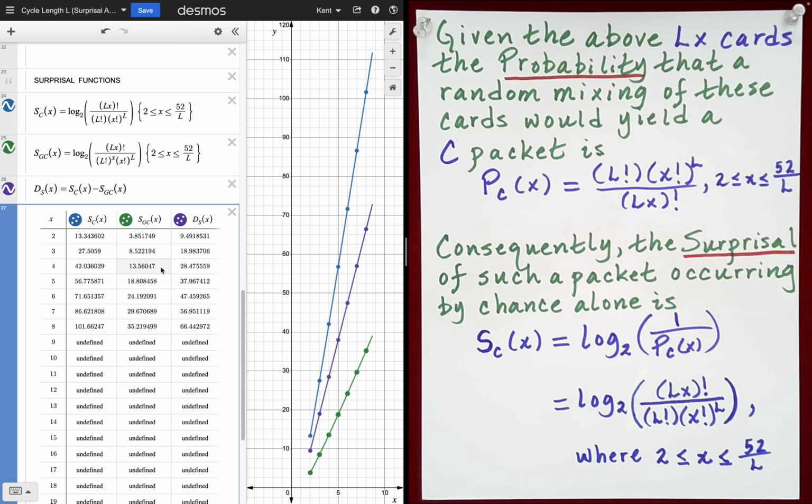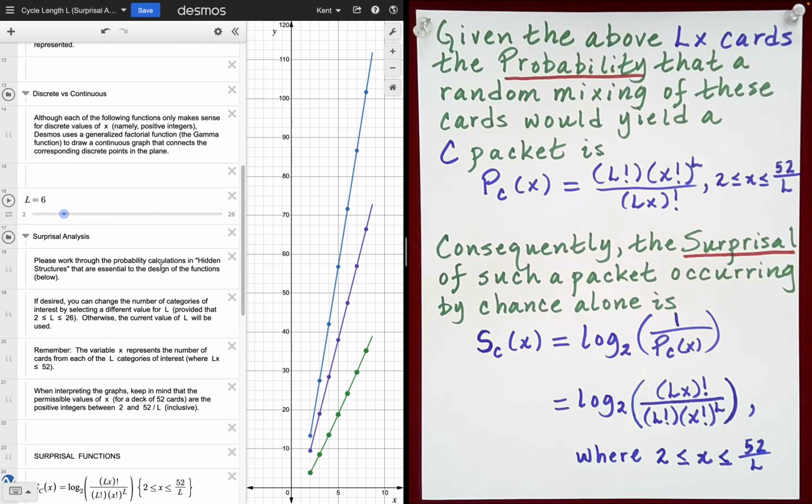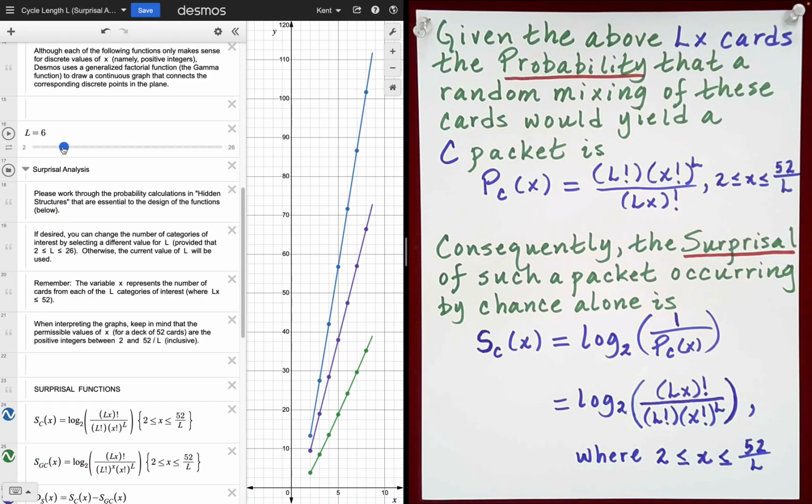So I will provide this Desmos activity in the description below so that you can use it and change the values of L for the cycle length, and then you can apply it to any Gilbreath performance that we've looked at so far and countless others that you can actually now design. Okay?